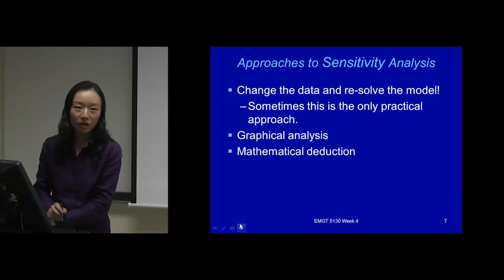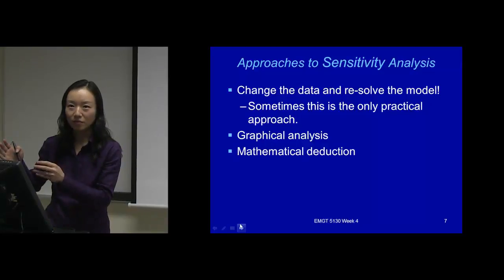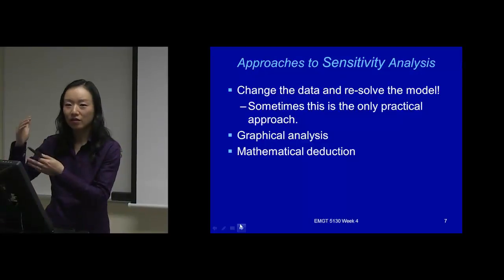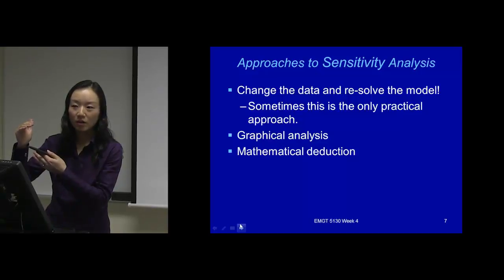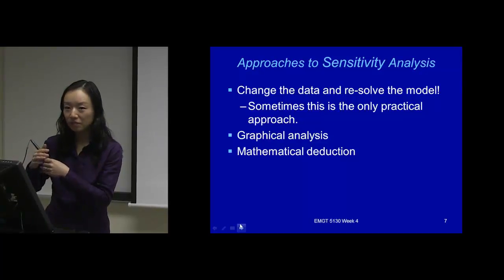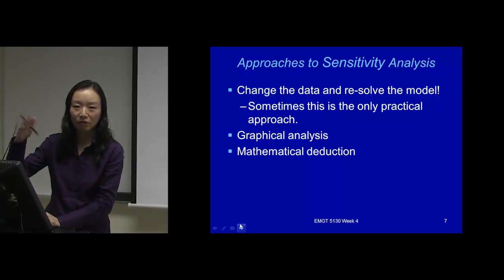Third, mathematical deduction. Because the A, B, C's are all related, and we know how the optimal, just think, for example, the level curve is decided by what? Level curve slope. What decides the level curve? The objective function coefficients, right?